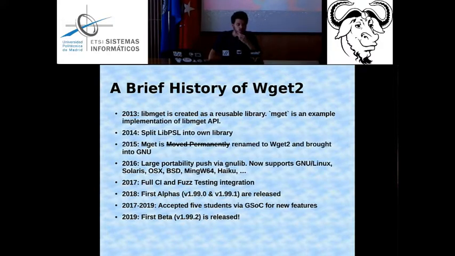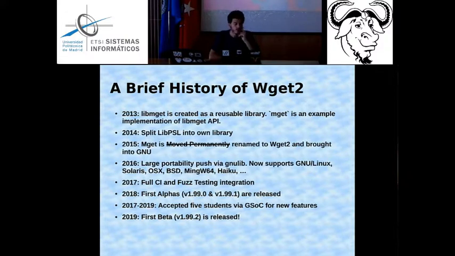Two days ago, we got full continuous integration and fuzz testing, which is very good to find bugs in the program. We are using GitLab continuous integration. A year ago, the first alphas were released, and five days ago, we released the first beta version of WGET2.